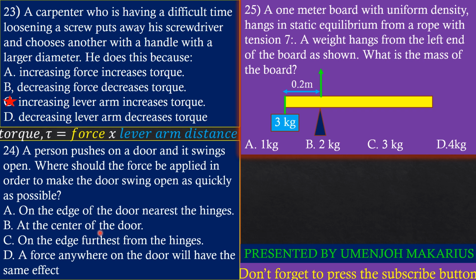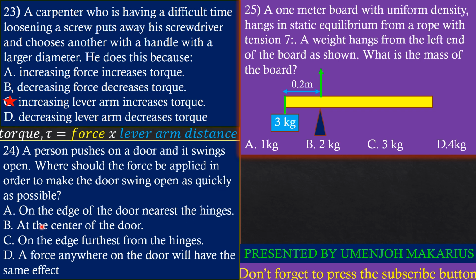It discusses those factors that will affect the turning effect of a force, and the distance from where the hand is applied has a much greater influence on the turning effect of that force. The further the distance from the hinge, the easier it is to push the door open.